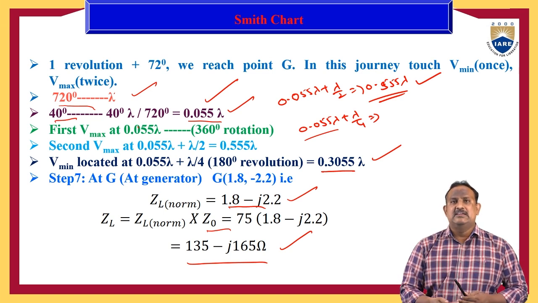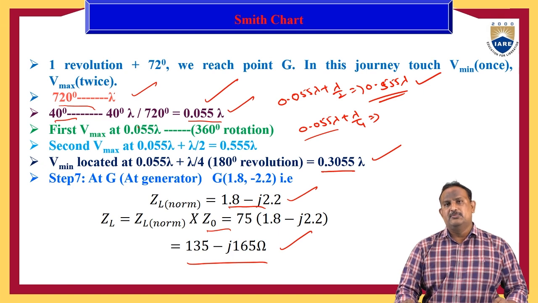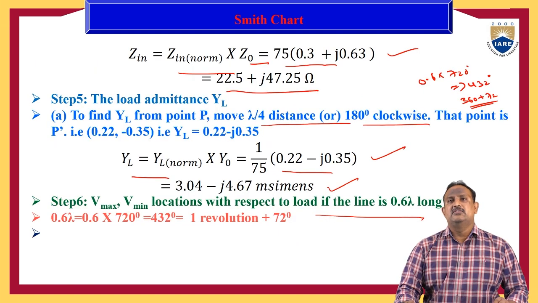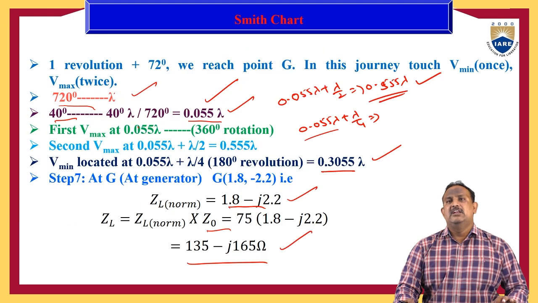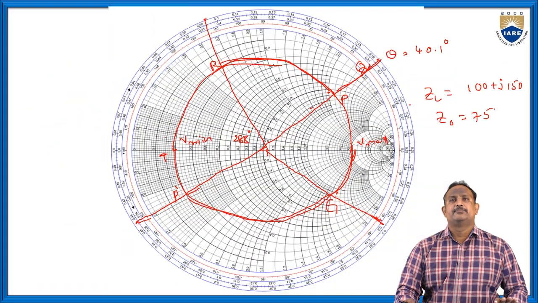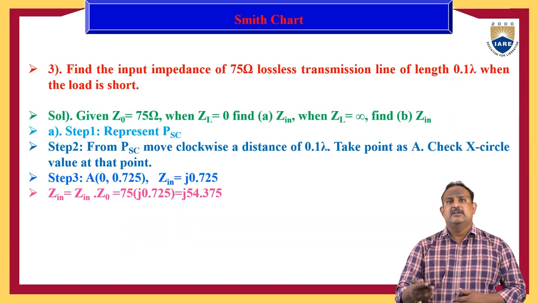In this way we can find the input impedance at the generator, along with Vmax, Vmin, reflection coefficient, VSWR and ZL. Next we'll see the other problem.